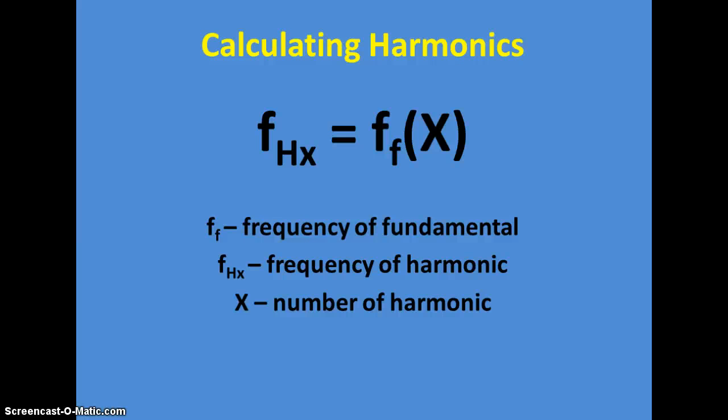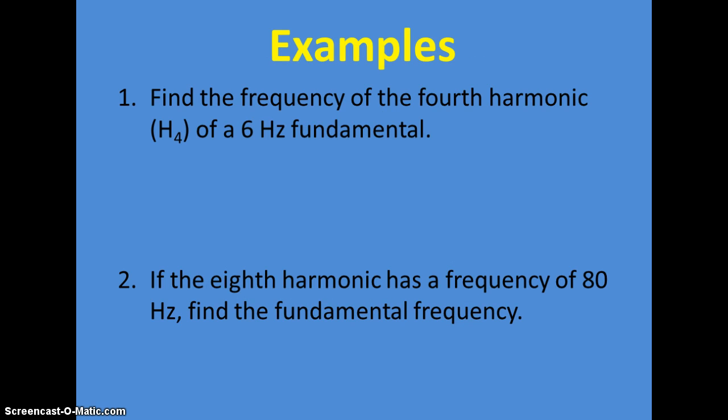Here's an equation you'll need to calculate the frequency. The harmonic frequency equals the fundamental times the harmonic number. Some examples. This one's asking for the frequency of the 4th harmonic of a 6 Hz fundamental.